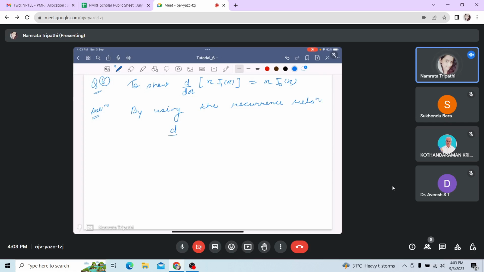I think these are quite easy. You can just write the recurrence relation and substitute the value of n equals 1. Then you can easily get the required expression.